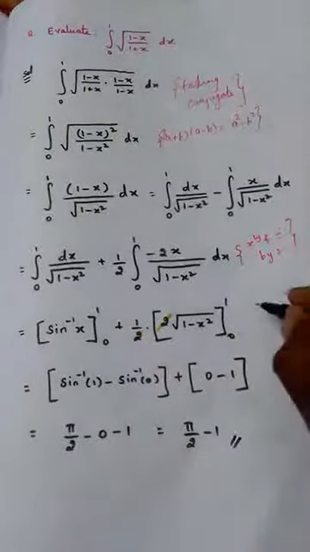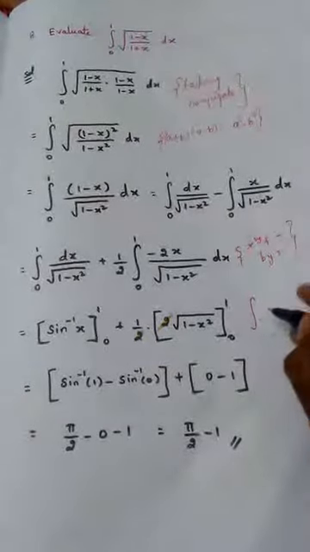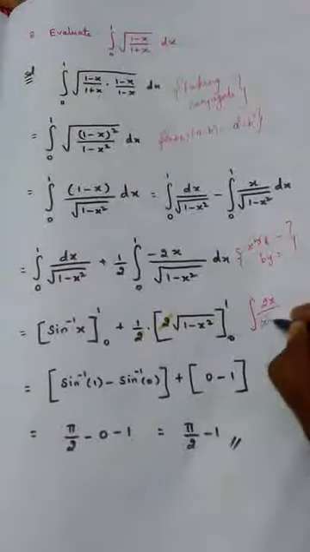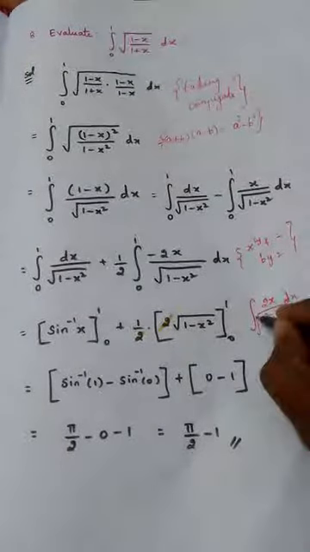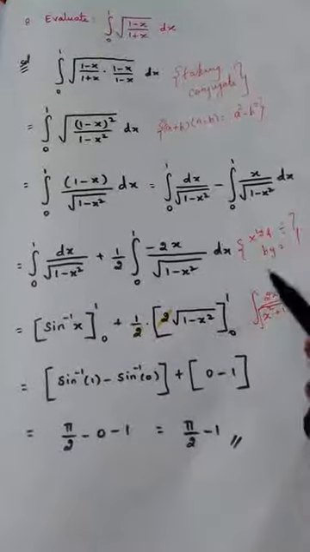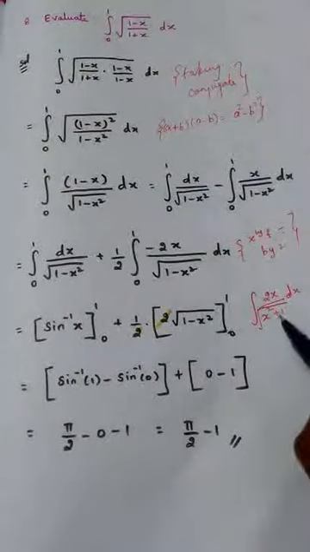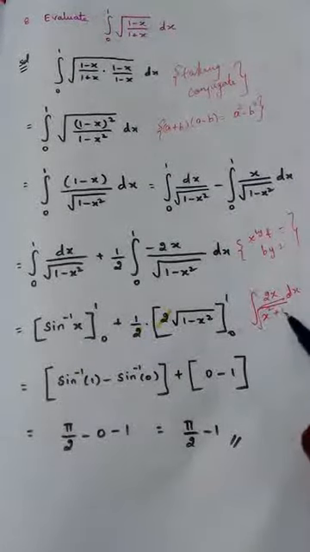Now try to understand this. Suppose we have the integral 2x by x square plus 1 into dx, suppose it is inside the root like this. Now what is the differentiation of x square plus 1? The differentiation of x square plus 1 is 2x; the 1 differentiates to 0.